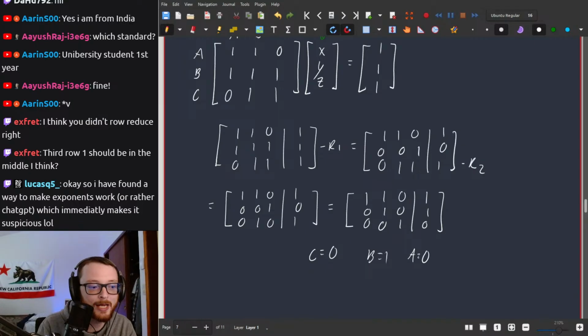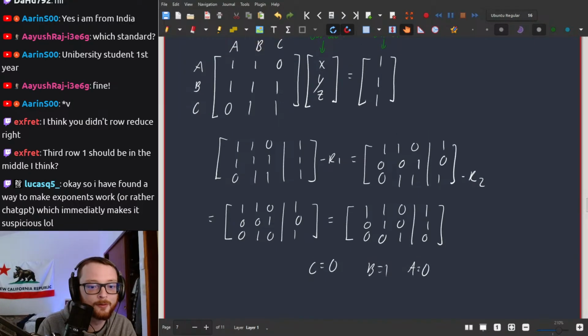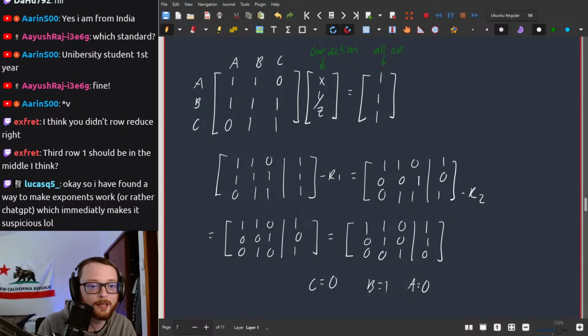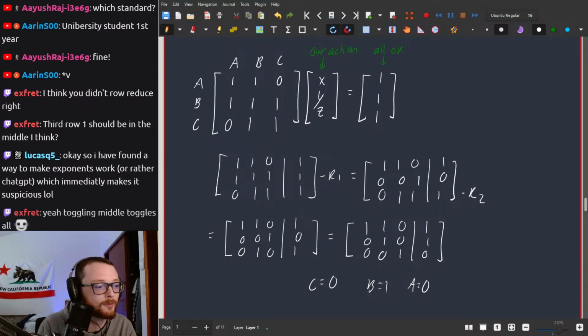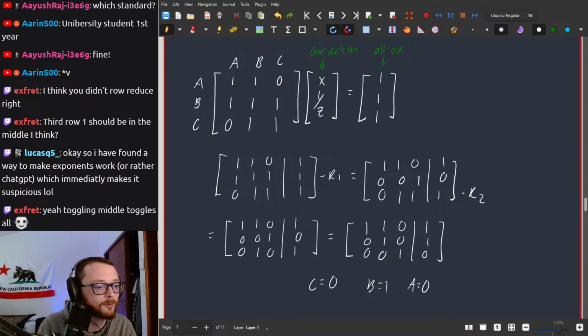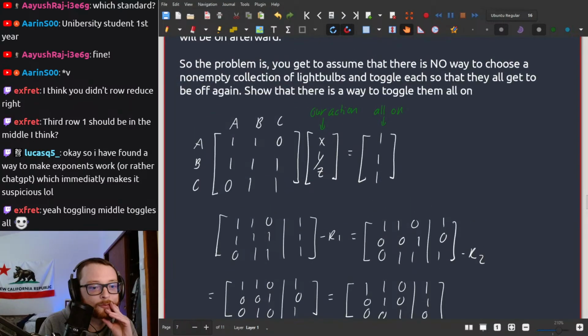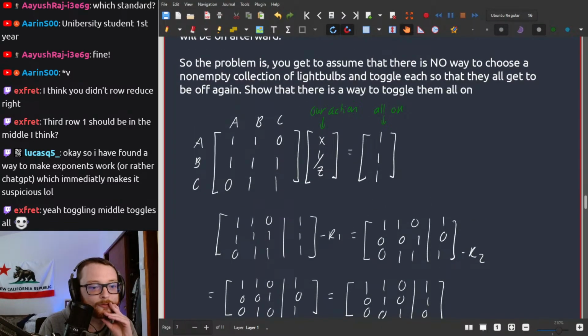And that's the exact solution that I would expect for three switches. Okay, cool. So this matrix idea seems to work, at least for this small example.